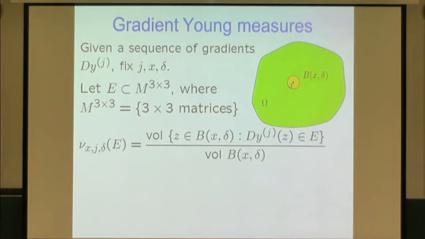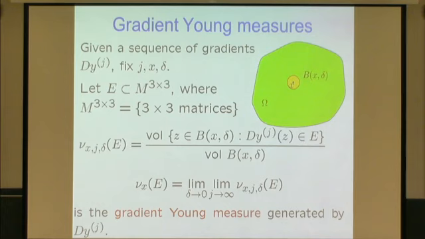That's because you're picking the point z at random from this ball. So this is a probability distribution on 3x3 matrices. And now we let first of all j go to infinity.